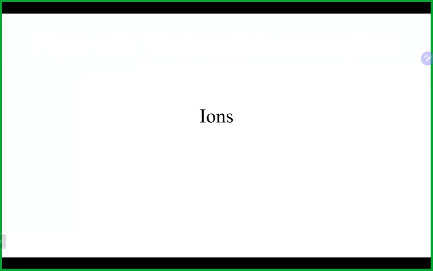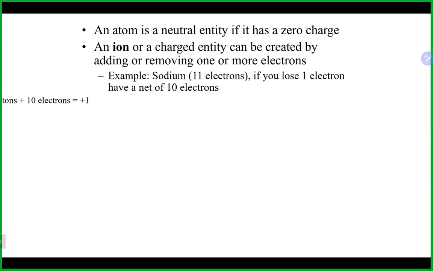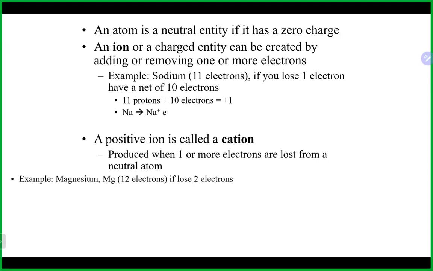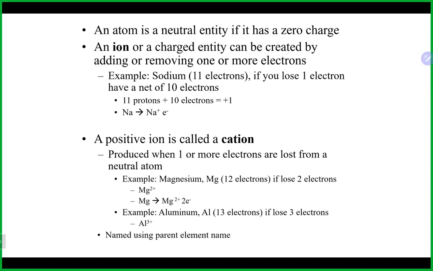So let's talk a little bit more about ions here, and we talked a little bit about it obviously when we were doing our protons, electrons, and neutrons. Ions, as I mentioned before, is really anything that has a charge associated with it. And again, it can be either a positive charge or a negative charge, giving you either a cation or an anion.